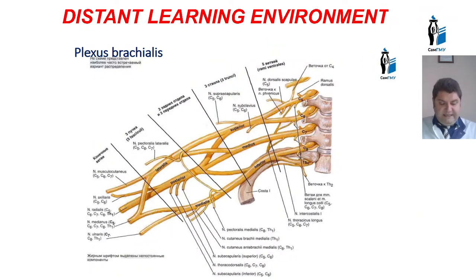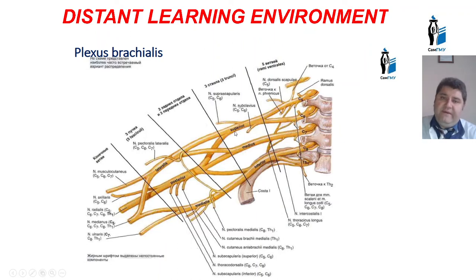And now we can see that plexuses form in this space. You may see the branches of this plexus. You may see the trunks of this plexus. You may see that this plexus forms the trunks: superior trunk, middle trunk, and inferior trunk.